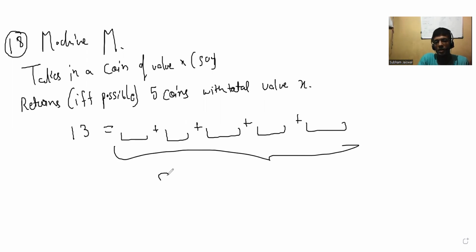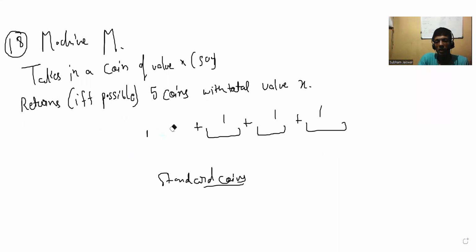Yes, this can be done. Just take 5, 5, 1, 1, 1. These are standard coins. So 13 can be done, but there'll be some numbers maybe which cannot be done, and that's fine.